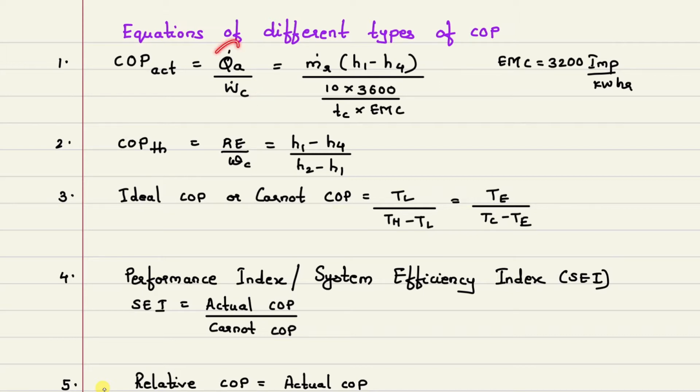So heat absorbed in evaporator divided by compressor power gives actual COP. Now how to measure this Q dot A in actual case? There will be a rotameter, and using that rotameter we measure LPH and convert it to kg per second. So this will be mass flow rate of refrigerant into enthalpy difference.